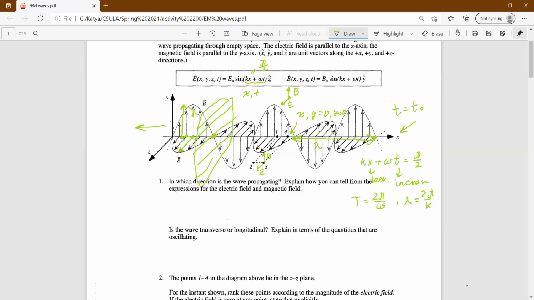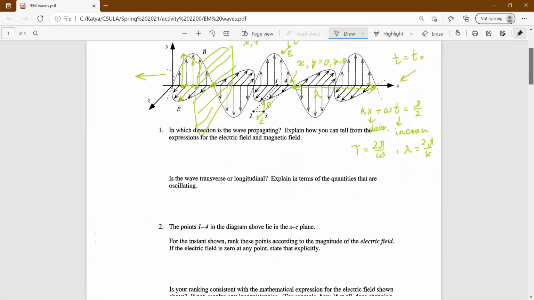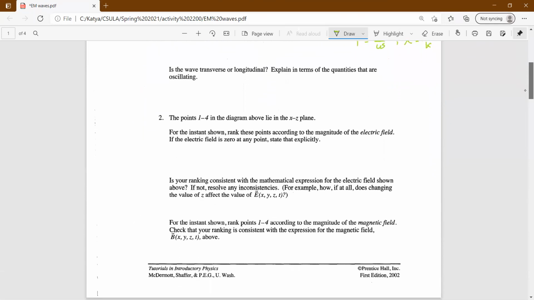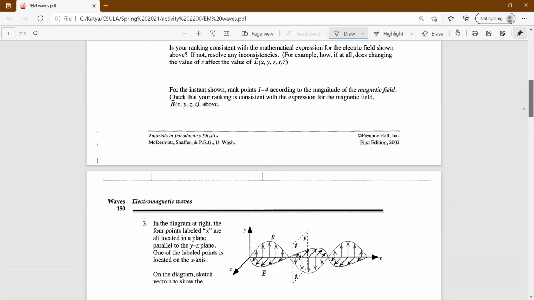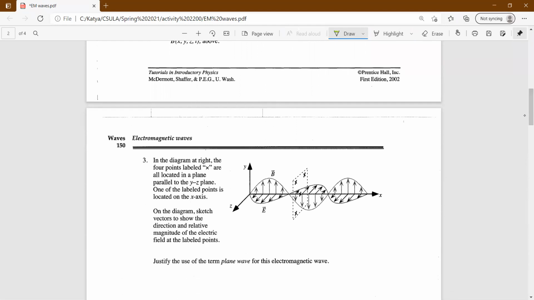Okay, so we discussed these two questions. Now, one more question to discuss. These two questions are going to help you answer the questions about the magnetic field and electric field. Also, you see they are labeling with crosses different points in a plane perpendicular to the x-axis, but parallel to the plane YZ.